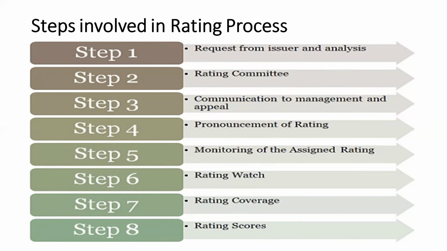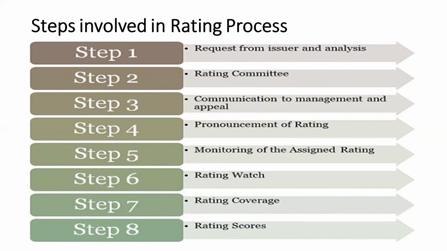The rating committee gathers the data from the issuing company. The gathered data will be applied with various types of techniques, and based on the results, the rating process is done. Once the rating is done, it is communicated to the issuing company and assigned a rating for monitoring.